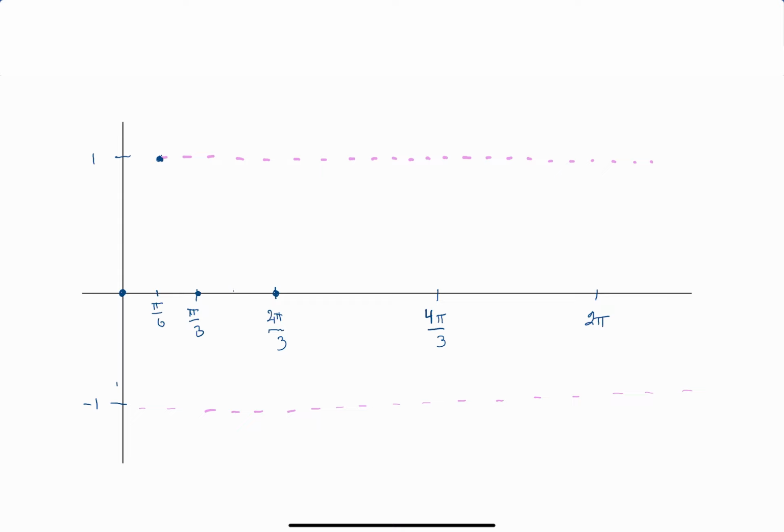Then halfway between pi over 3 and 2 pi over 3, we'll have a trough. And let's see, that would be at, what, 3 pi over 6, so that's pi over 2.